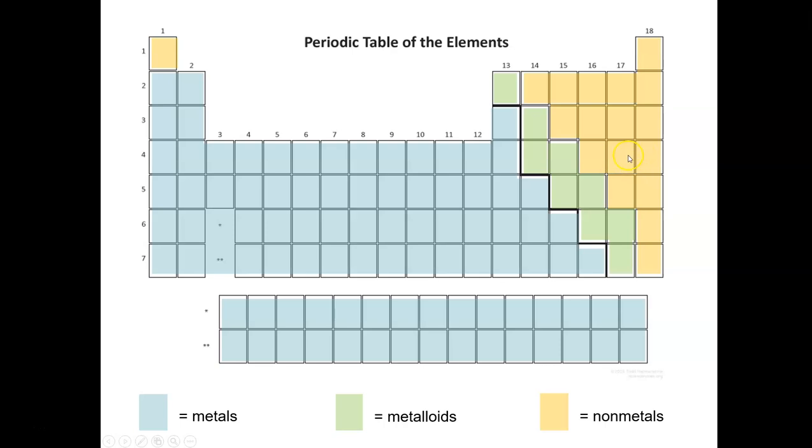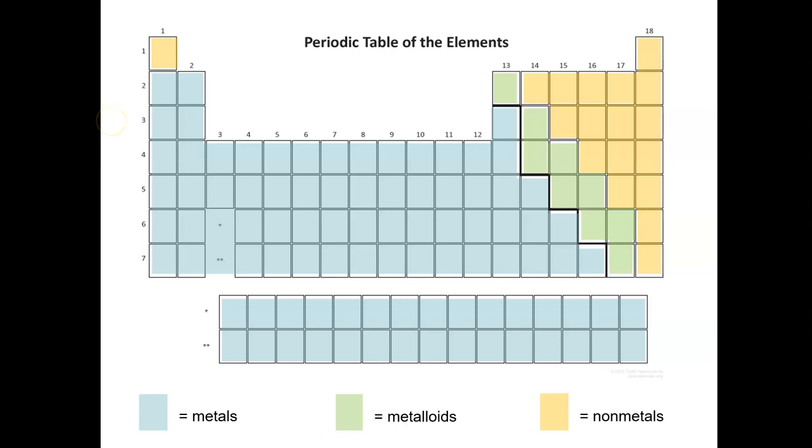Anything to the right is nonmetals. And then again, we have those few, and you don't have to memorize exactly which ones. You just know that generally right along that line, there are a few that can act either way, and those are called the metalloids.